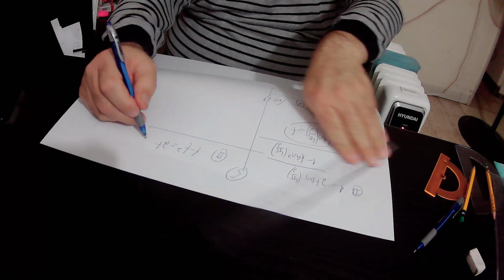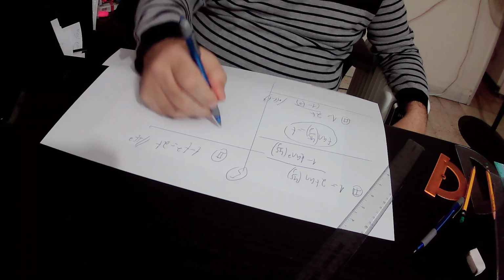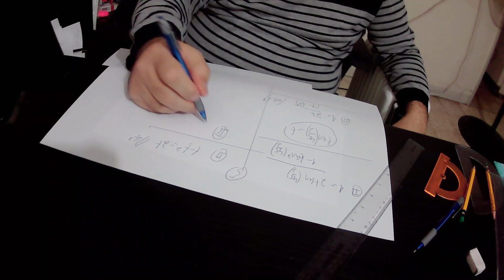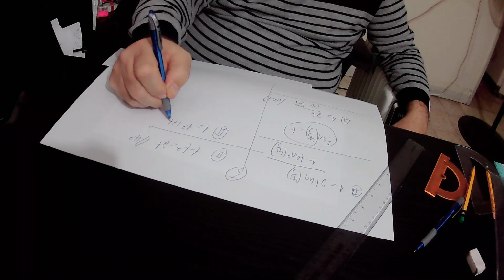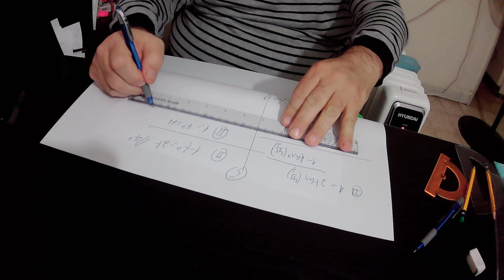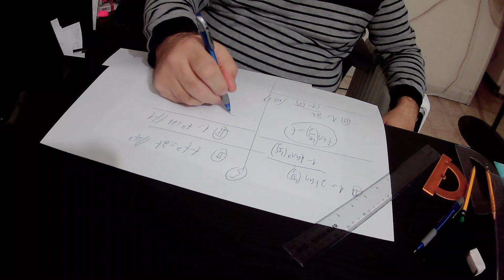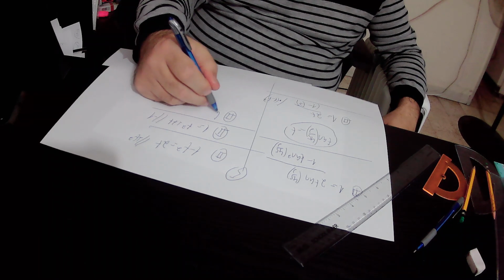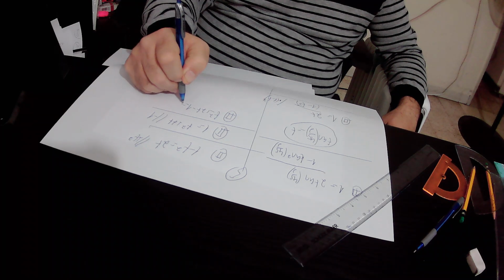Here we add to this equation t squared, and we get that according to equation number 2, 1 equals t squared plus 2t. Here we will subtract 1 from this equation number 2, and finally we get that t squared plus 2t minus 1 equals 0.